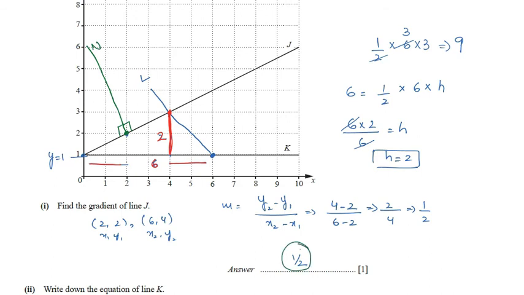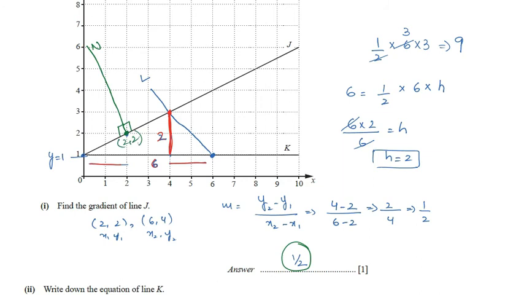If line N is perpendicular to line J, then to find the gradient of N, we will take the negative reciprocal of the gradient of J, because when two lines are perpendicular, the product of their gradients is equal to -1. And as this line N is passing through the point (2, 2), we will take this point and the value of gradient to find the value of C. Then we will make the equation.